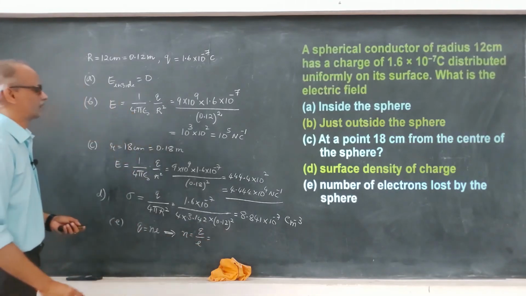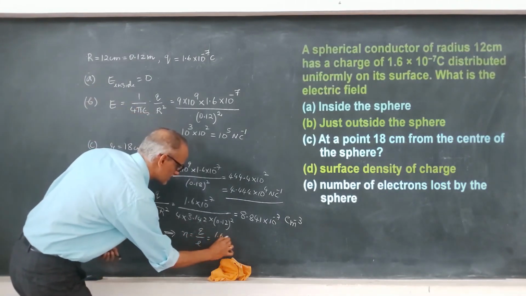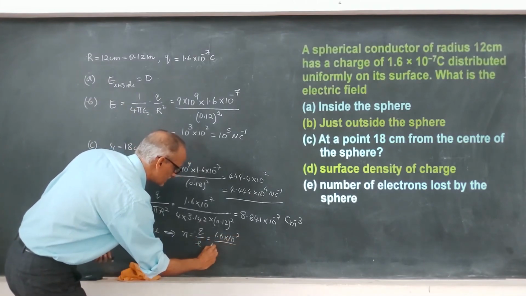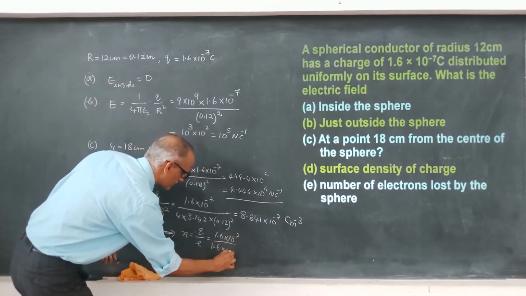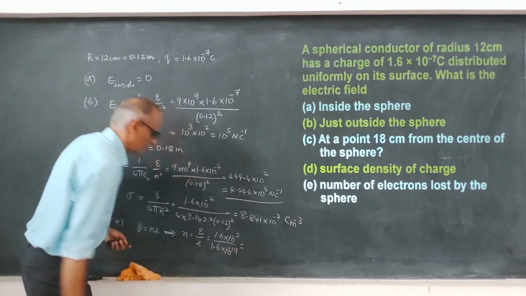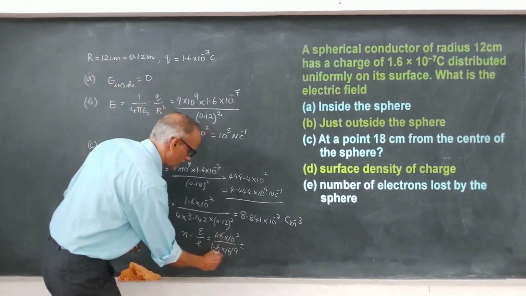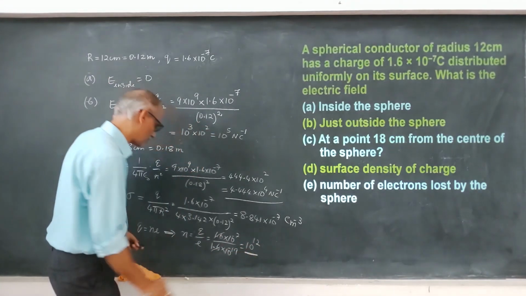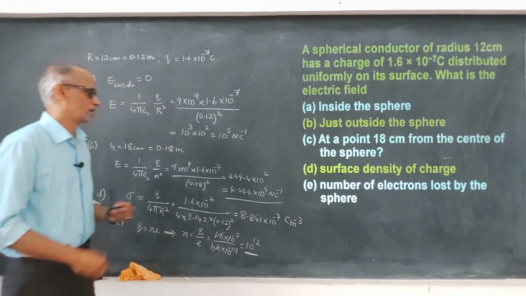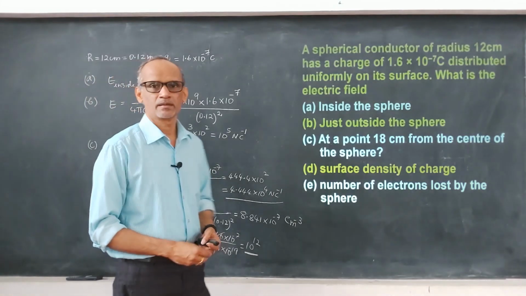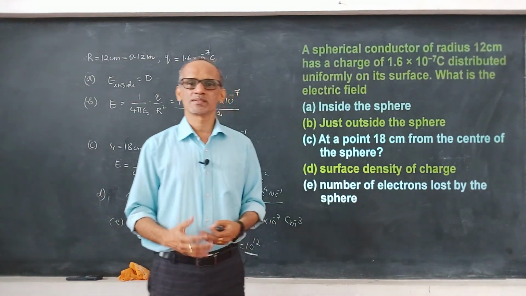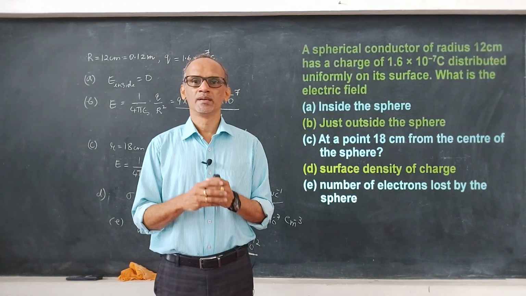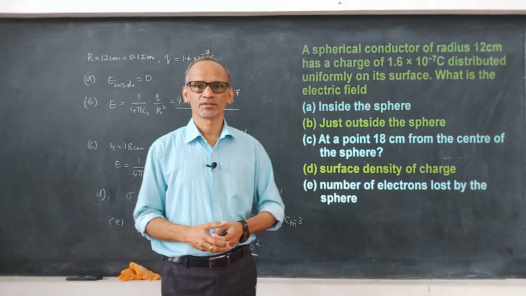The value of Q is 1.6 into 10 to the power minus 7 divided by the value of e, which is 1.6 into 10 to the power minus 19. So 1.6 will get cancelled and here we will get 10 to the power plus 12. So that is the number of electrons lost by the sphere, and when it loses electrons, the sphere becomes positively charged. So that is why in this case the sphere is positively charged.